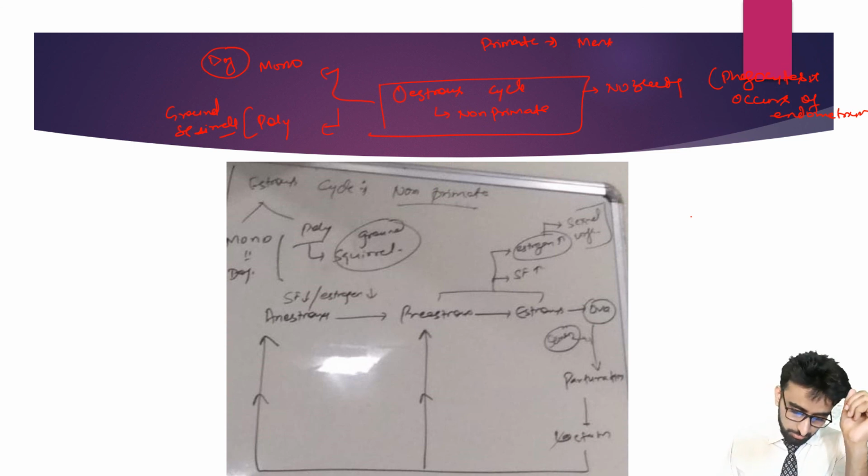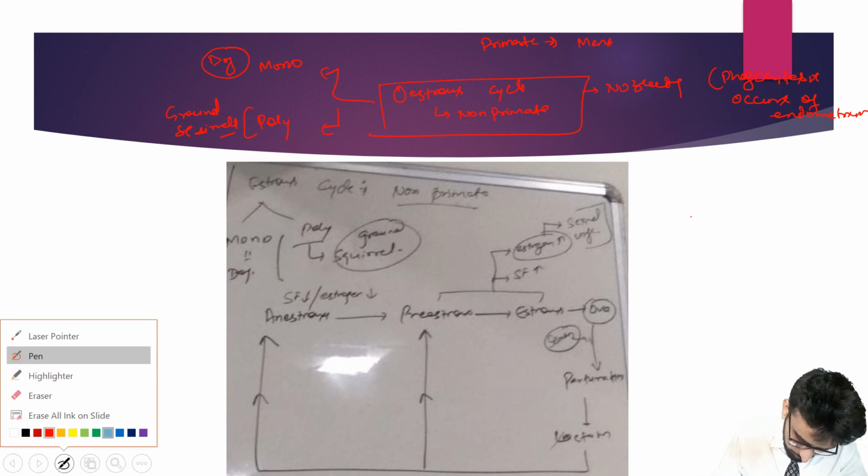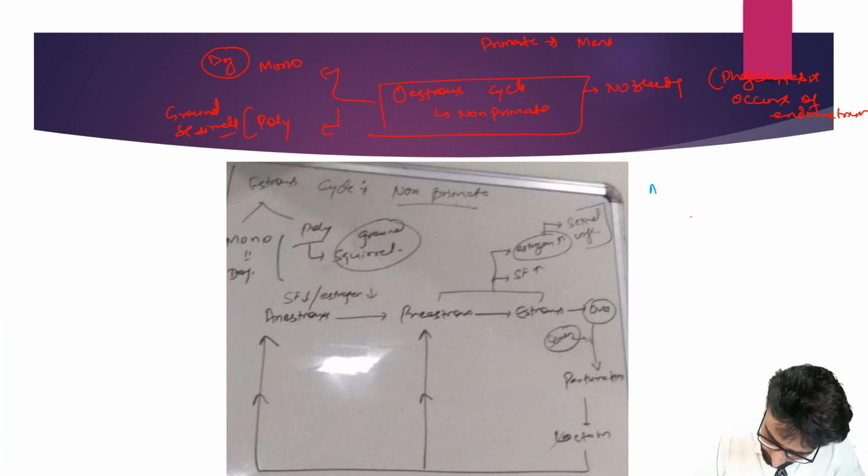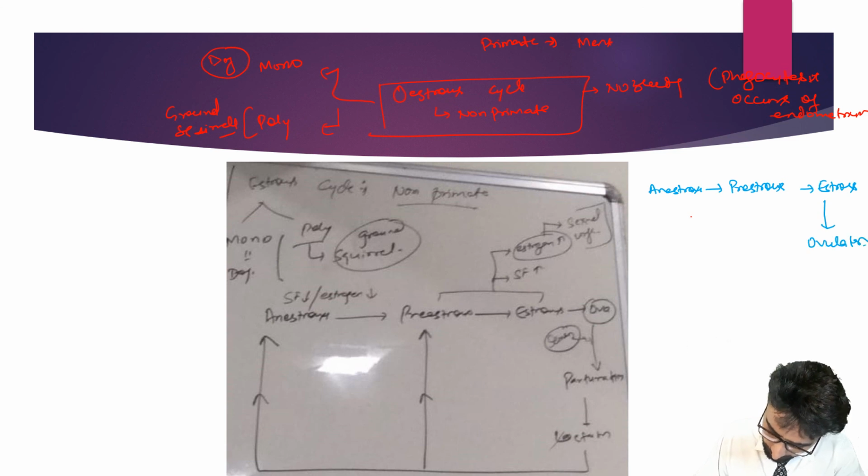Now if we want to see the phases of the estrous cycle in more detail, we can write anestrous phase, then pre-estrous phase, then estrous phase, then you have ovulation, and then of course after ovulation parturition. I will explain everything, don't worry. Parturition, then we have lactation.